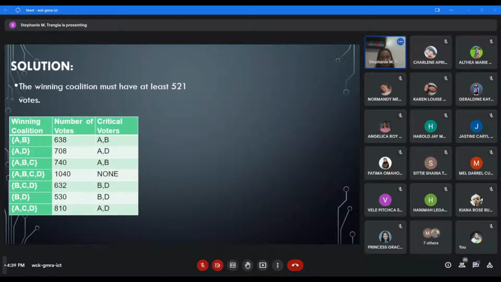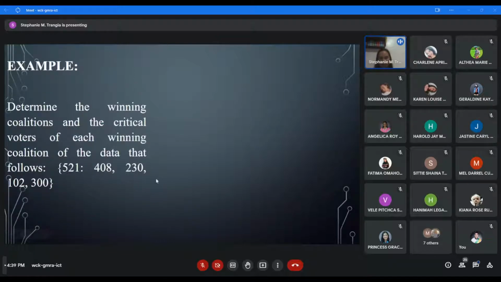If A leaves the system, B has only 230 votes, so it cannot reach the quota. If B leaves the system, A has only 408 votes, so it still does not reach the quota. In other words, both A and B are critical voters.